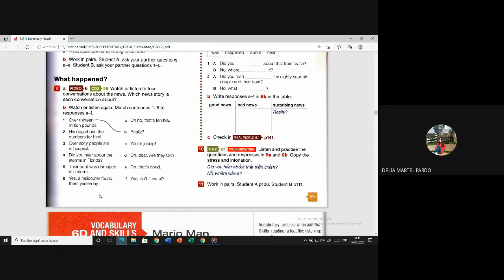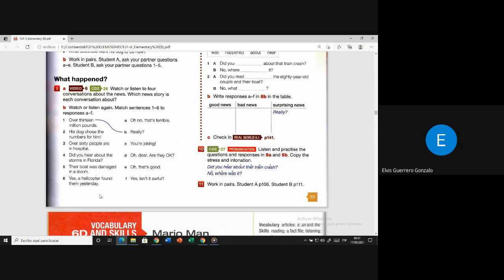Oh dear, are they okay? Oh, qué pena. ¿Están bien? Yes, a helicopter found them yesterday. Oh, that's good.